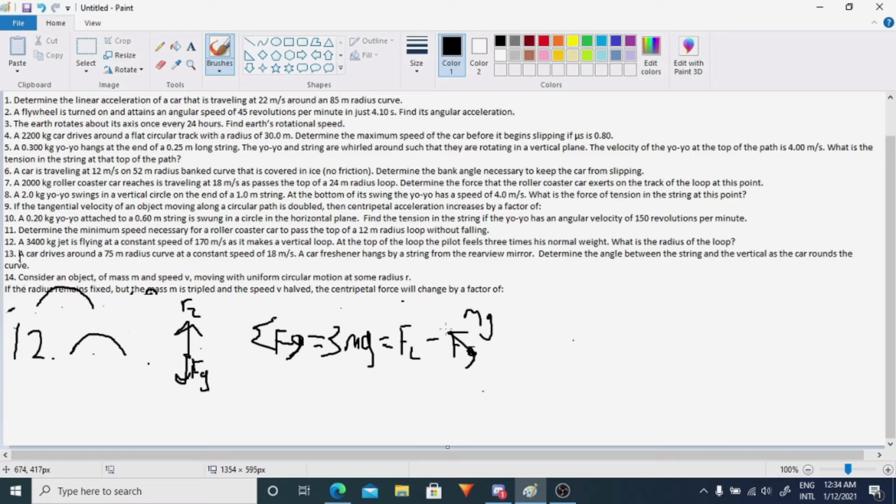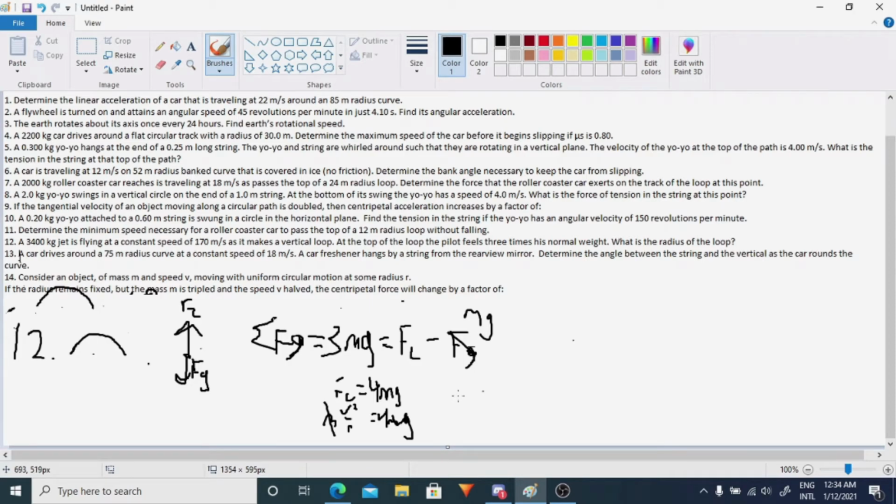So that means we now know that force centripetal equals 4mg. And force centripetal is m times v squared over r, which equals 4mg. The m's cancel. And now we have v squared over r equals 4g. We already have the velocity set at 170 meters per second, and we know g is a constant.